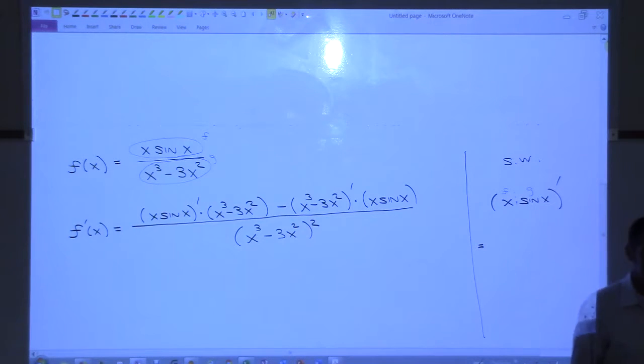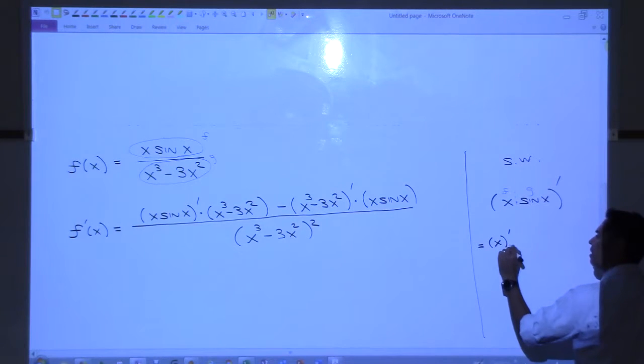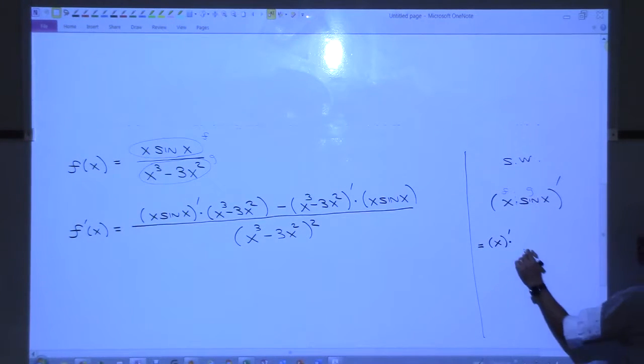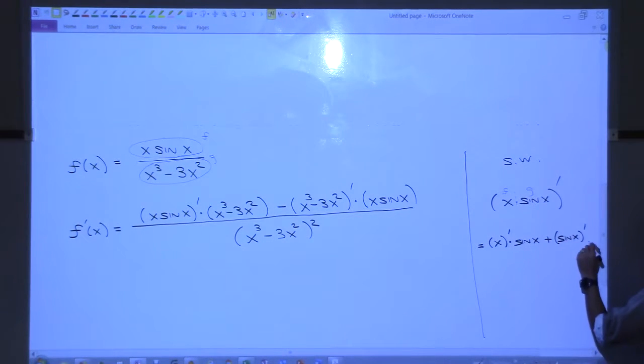So Ronnie, product f times g. According to the formula, first is going to be what? The prime of x times just sine x plus the prime of sine x times x, right? That's what Ronnie has to do.